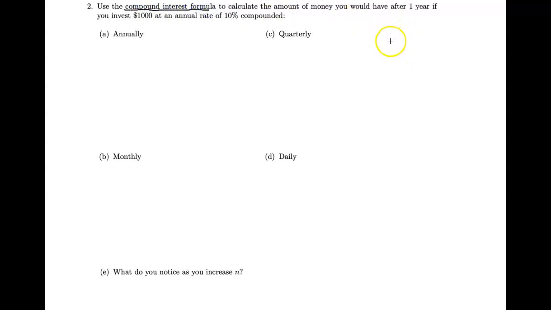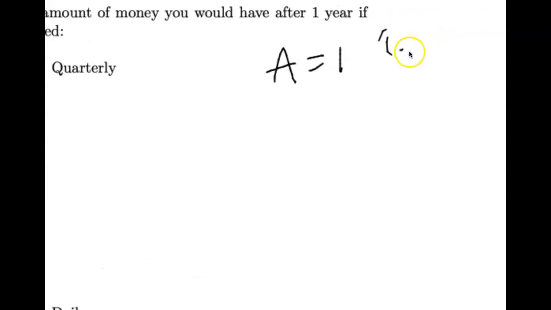And so that means that the formula that we're using is A equals P times 1 plus R over N to the N times T. When our interest is compounded annually, this means that N is equal to 1. So it's basically the simple interest.